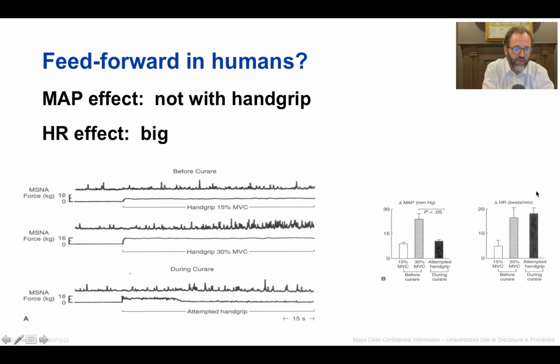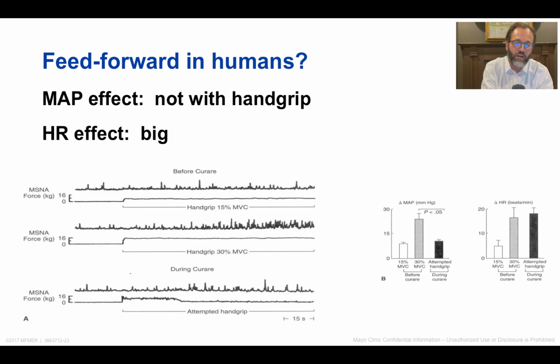And then with attempted hand grip, we have a very comparable increase in heart rate, suggesting that there may be a feed-forward mechanism that is intact in humans that enables increases in heart rate despite the fact that there is actually no physiological feedback from the exercising forearm suggesting hypoperfusion.